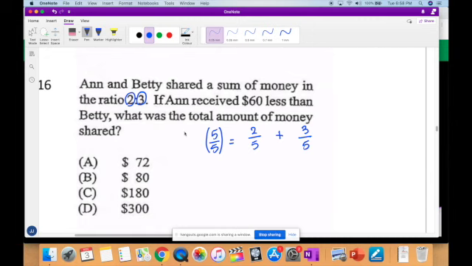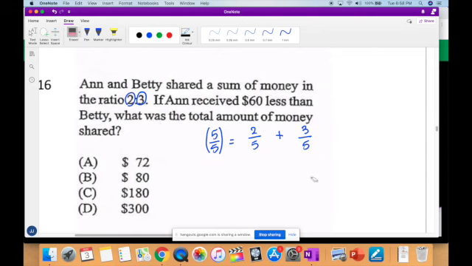So whatever the total amount of money is, Anne has 2/5 of the total, and Betty has 3/5 of the total, right? Makes sense so far, right?